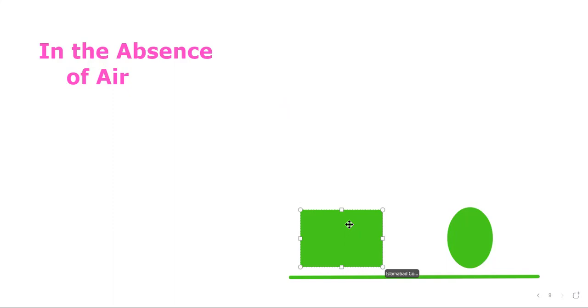Okay, now one more thing is G. When the object is going in the upward direction, G would have a negative value.